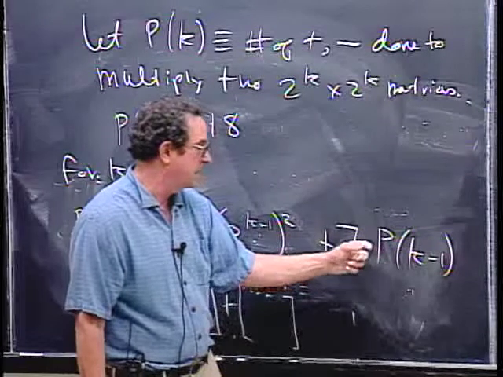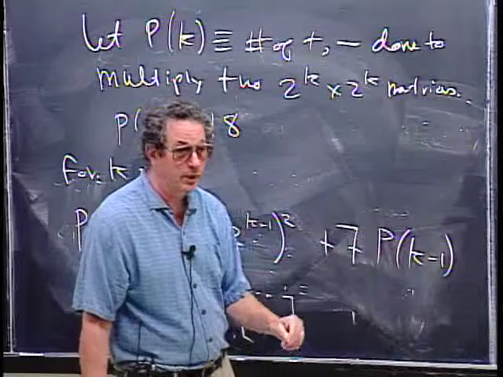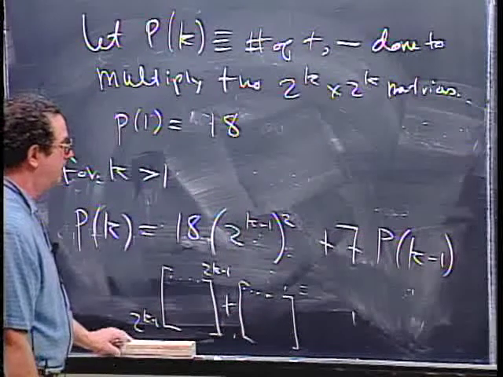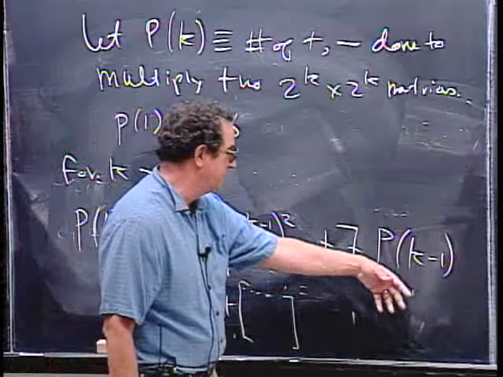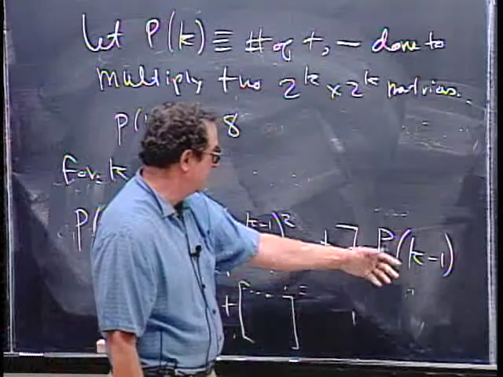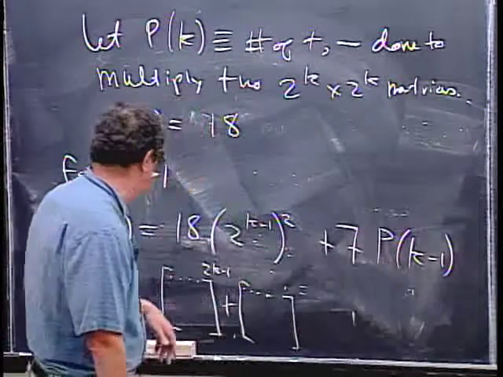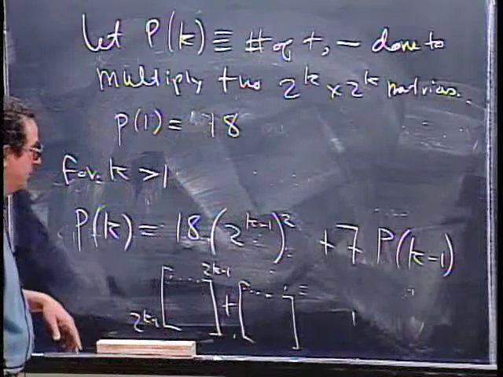And since there are 7 recursive multiplications that are required on matrices of dimension 2 to the k minus 1 times 2 to the k minus 1, we have to have this term in the recursion that's talking about how many additions we do.